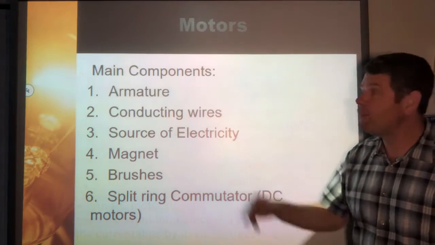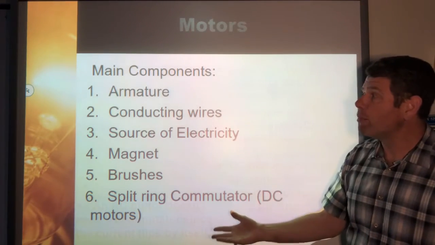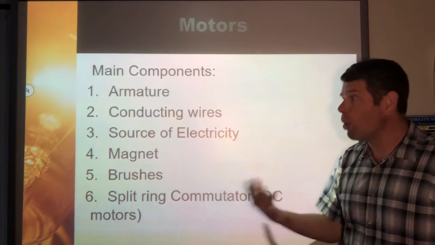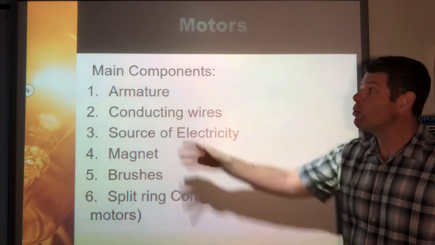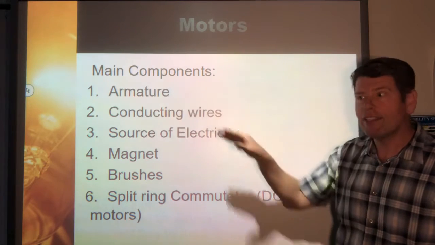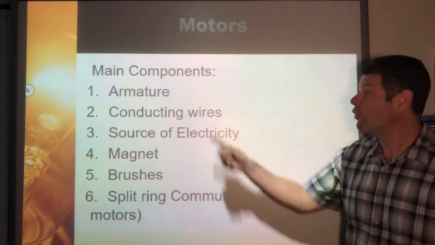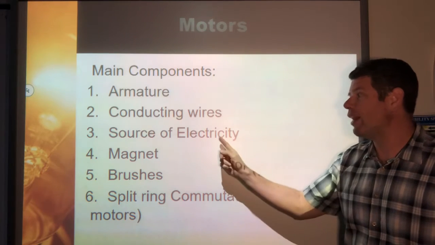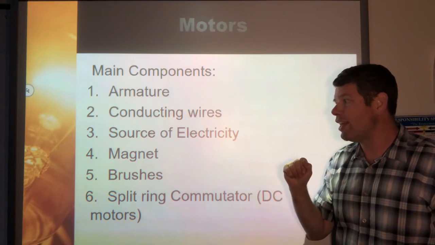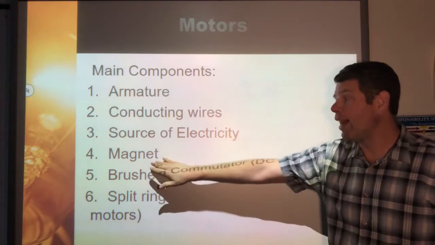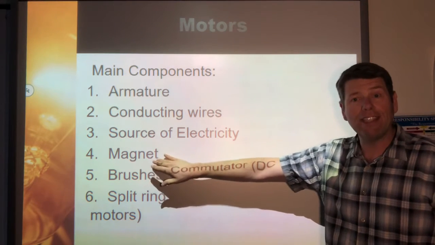You're going to hear some of this terminology. Remember, you should be familiar with this vocabulary when it comes to motors and or generators. So remember that the armature is what spins inside the magnetic field. Of course, we have our conducting wires. You have to have some kind of source of electricity, whether it's AC or DC for your motor. You're going to have a magnet that stays in place.